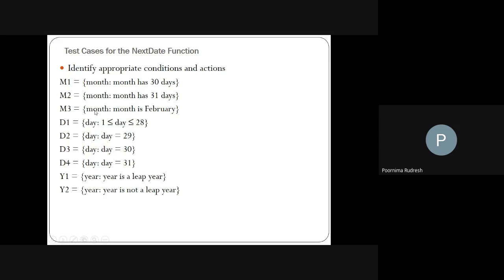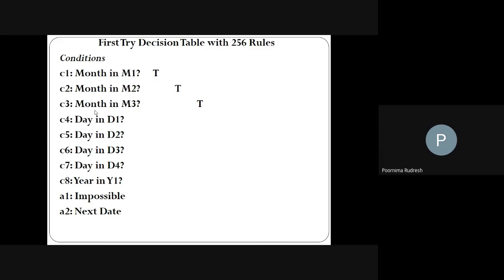Here we are considering month in M1. If we enter a day within the 30 days, then it is the true value. Month in M2 consists of 31 days, and month in M3 is the February. Only for those three entries is it the true value, and for the remaining, they are impossible cases, or the input cannot occur.